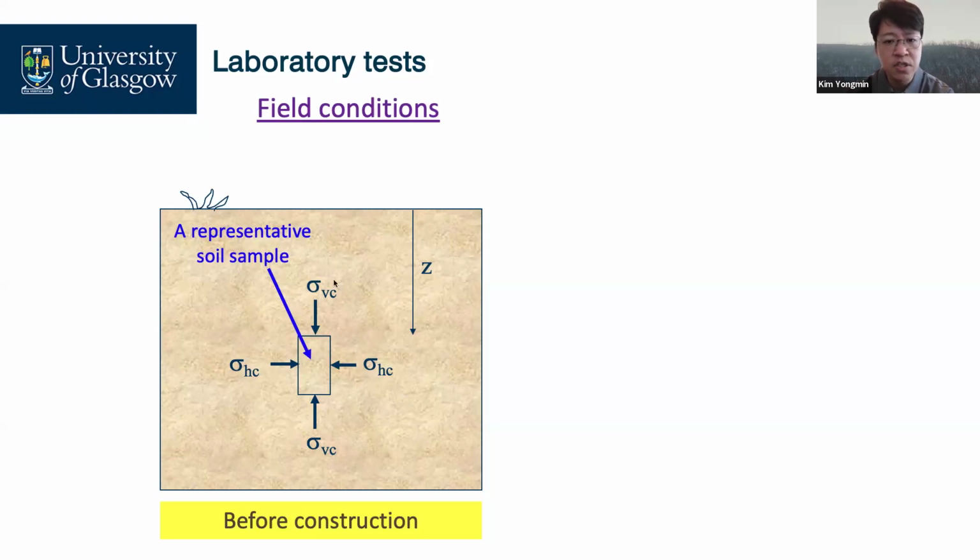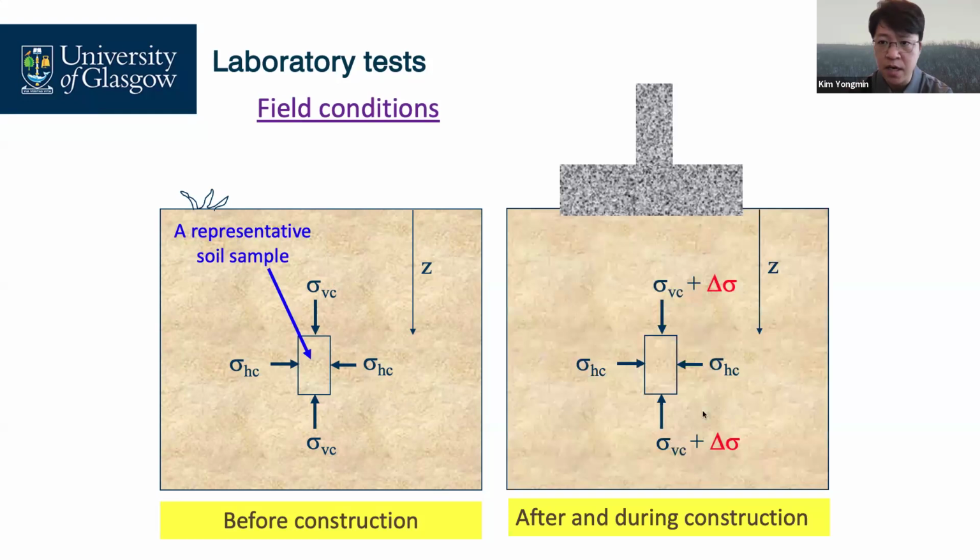And after construction, something like shallow foundations and buildings, additional vertical stress is imposed on certain soil elements. So you can see the delta sigma, which is the additional vertical stress due to these shallow foundations. This condition is totally different.